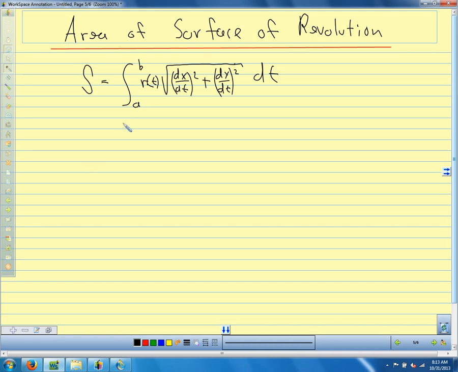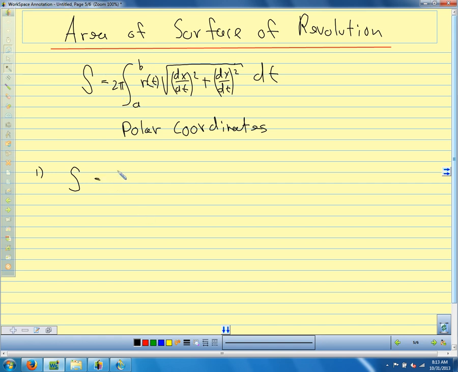So in polar coordinates, we'll write down both of our integrals. Oh, and I forgot something here. I forgot my 2 pi. We have our 2 pi for our circumference.